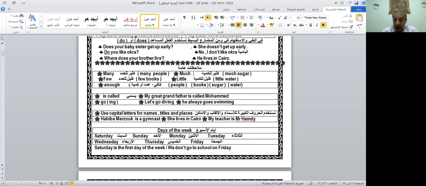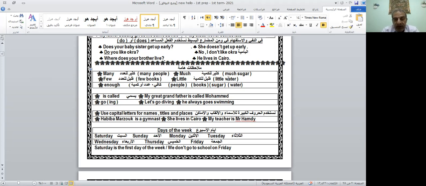Much, كثير أيضا, but for uncountable nouns, للكمية أو للمقدار غير معدود. Much sugar. Okay, the opposite of much is little. Here we have قليل also, but a little water for uncountable. So be careful about countable and uncountable nouns.